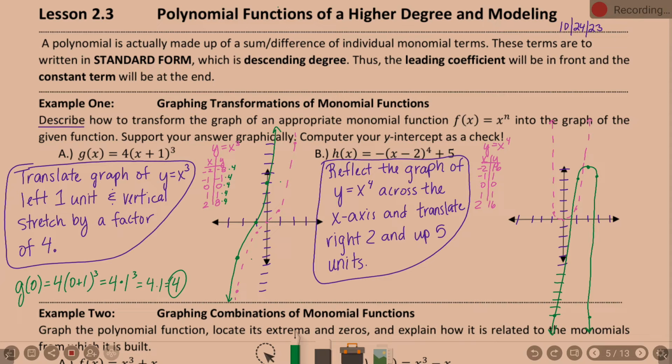So if I put in 0, h of 0 is the negative of 0 minus 2 to the 4th plus 5. 0 minus 2 is negative 2, so it's going to be the negative of negative 2 to the 4th plus 5. Negative 2 to the 4th is going to be 16. It's going to be the negative of that, so negative 16 plus 5, and negative 16 plus 5 is negative 11.